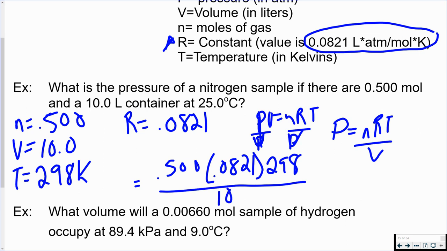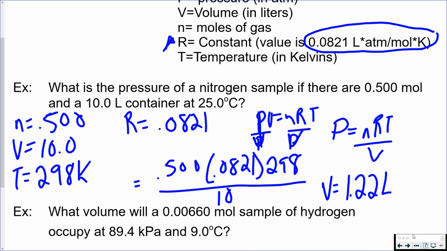So in your calculator, let's go ahead and do that. 0.5 times 0.0821 times 298 divided by 10. And I got a volume. V is equal to 1.22 liters.